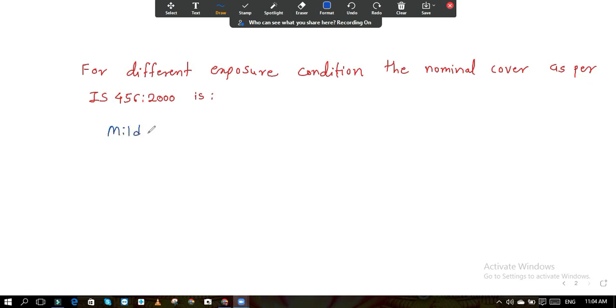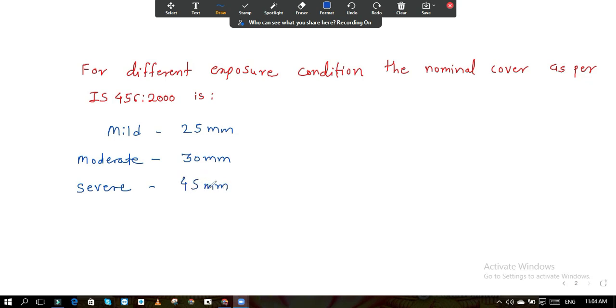If the exposure is mild, then cover must be 25 mm. For moderate exposure, it is 30 mm. For severe exposure, it is 45 mm.